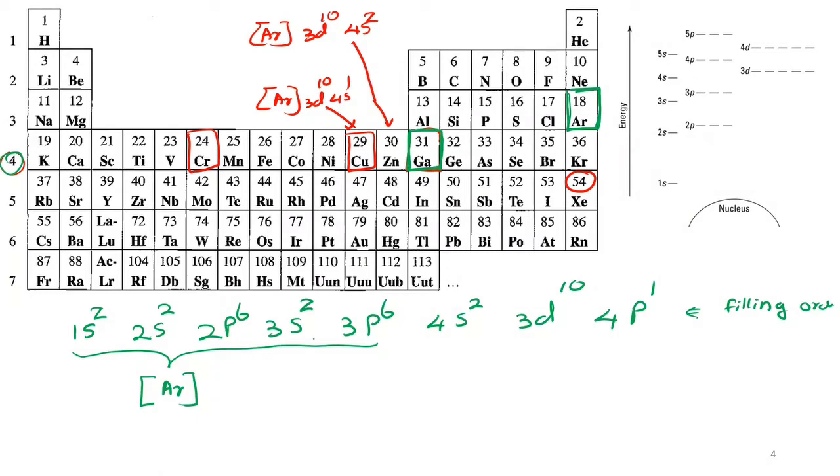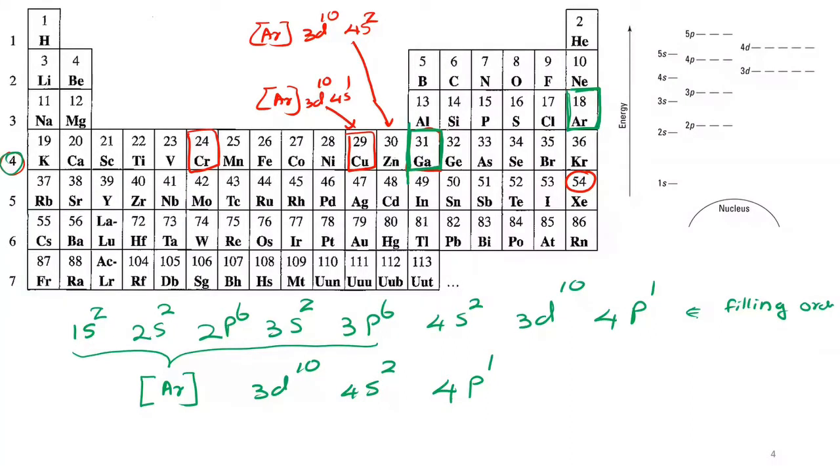And then I will write it up in the proper writing order as 3d10, 4s2, and 4p1. Now you can see what happened. We started filling the p orbitals. And where did we start filling it? Right after zinc. Right after zinc, we started filling the p orbitals.